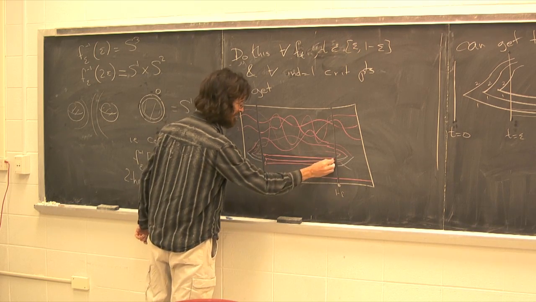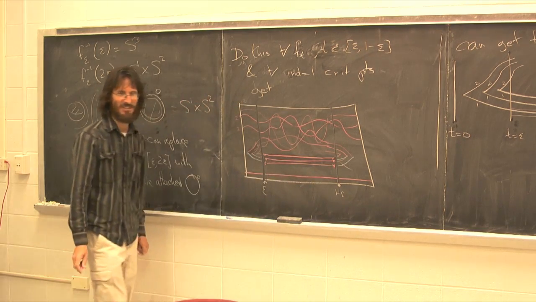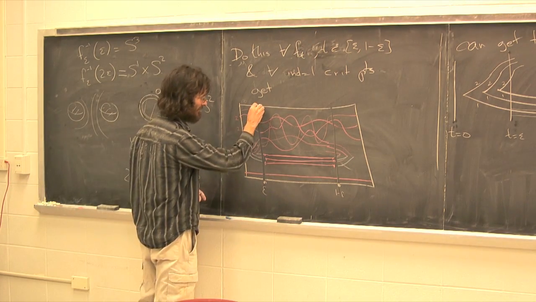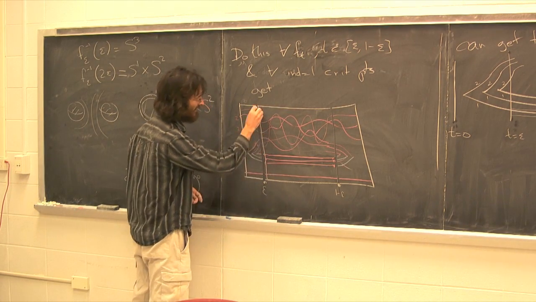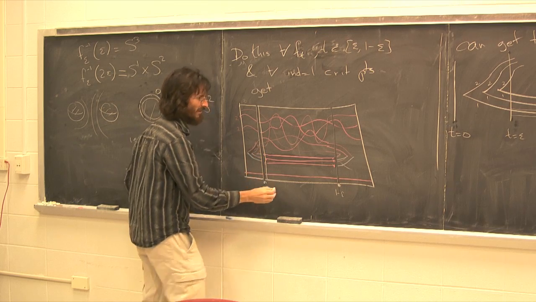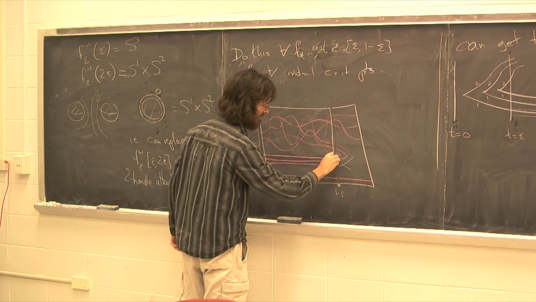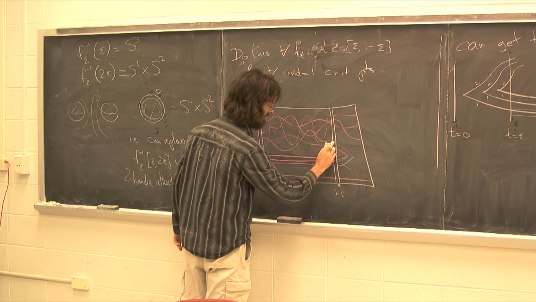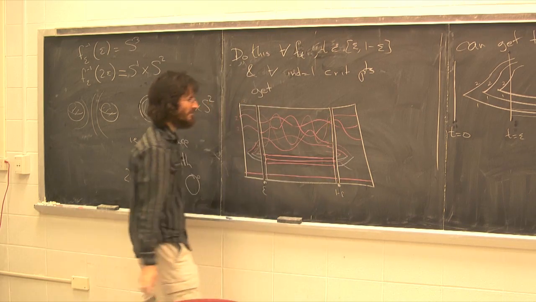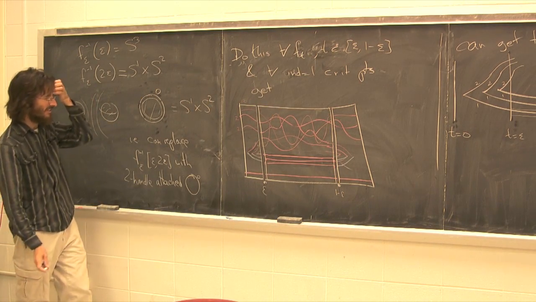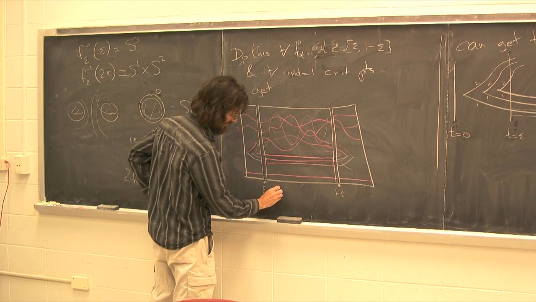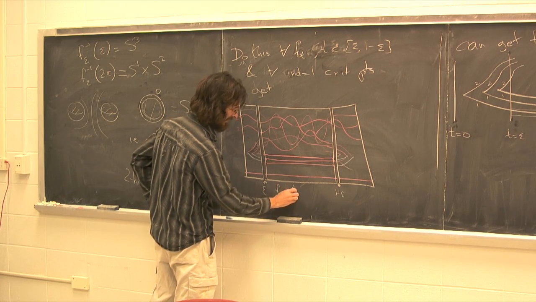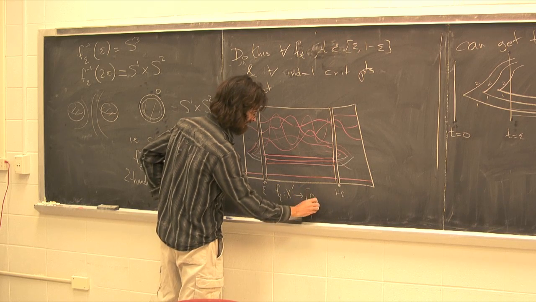However, the manifold has changed. I've done something very suspicious: I've changed the manifold at this time. So what I want to do instead is show f sub t from some new manifold x prime to 0, 1.